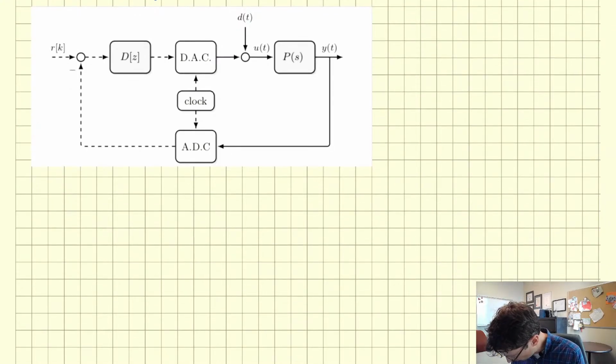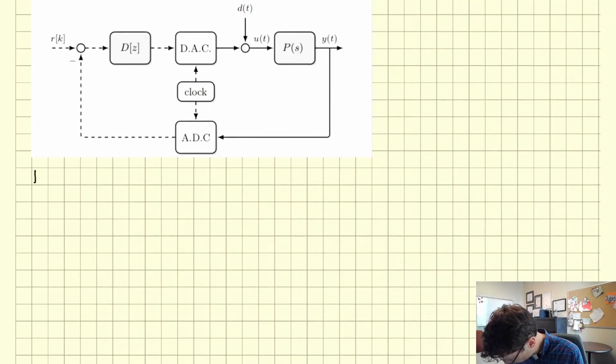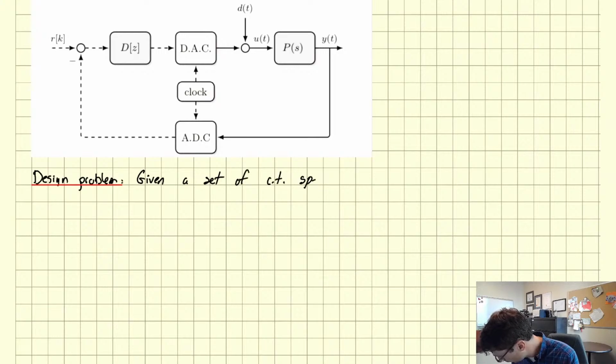So our design problem is, given a set of continuous time specifications and a plant model, right?